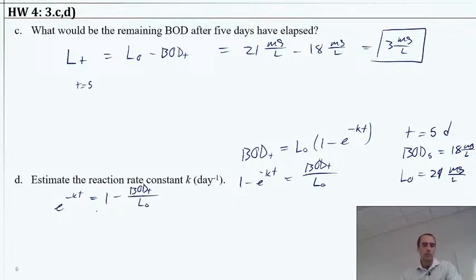Then we can take the natural log of both sides. That gets rid of the e, so we're left with minus kt equals the natural log of 1 minus BOD over L0. Divide everything by negative time, and we'll be set. I'll skip ahead and say k should be 0.389 per day.